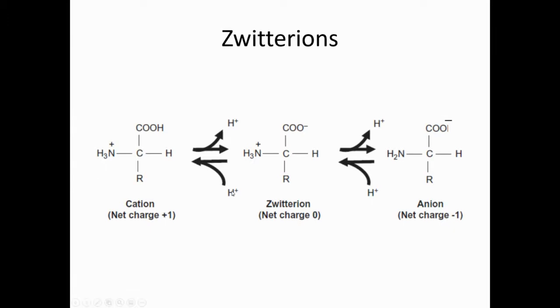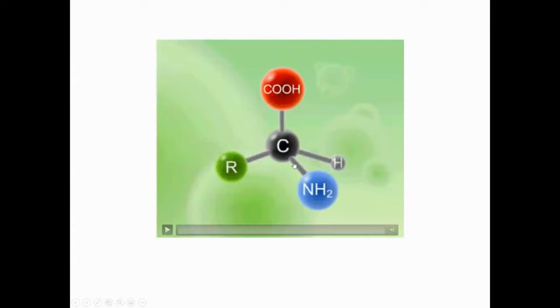And then the isoelectric point, which we call pI, of an amino acid would be the pH at which the molecule has a net charge of 0, and therefore that molecule will not migrate in an electric field. So the isoelectric point of an amino acid will be the pH, the neutral pH, when you have the net charge 0. Okay, let's see the zwitterion, and let's watch this video about this amino acid structure.